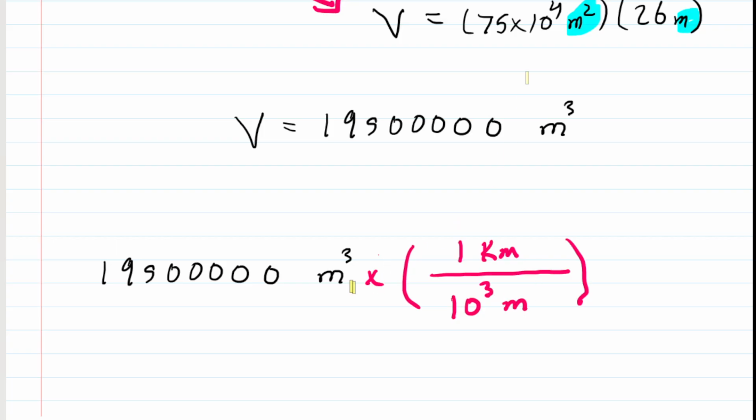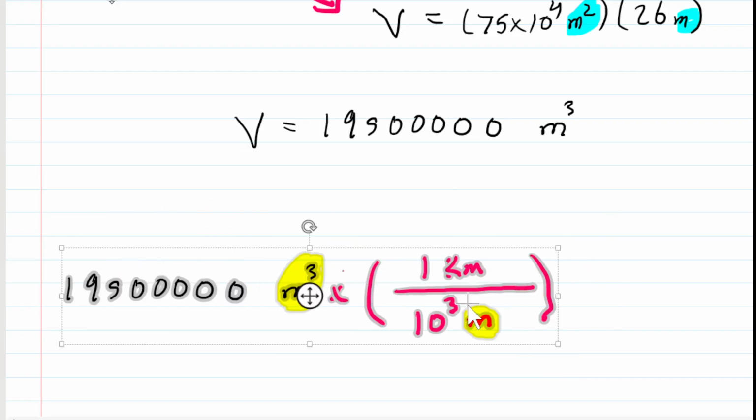Now, be careful here, because when you look at this meters cubed unit, and then you look at the bottom of our conversion factor, they're not quite the same thing. The bottom here is meters rather than meters cubed. So do you think those units will cancel? And of course they won't, because the only way they can cancel is if they are identical. So we're still not out of the woods here yet.